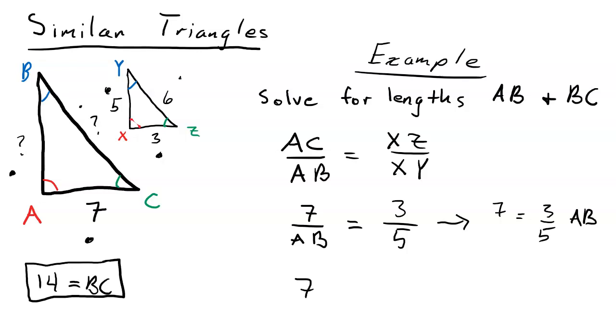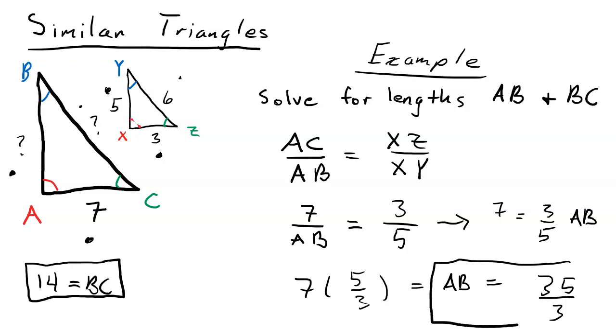When we do that, we have 7 times 5 over 3 is equal to AB, and this is going to equal 35 over 3. Not the prettiest fraction, but that's our solution. AB equals 35 over 3. Let me clean that up.